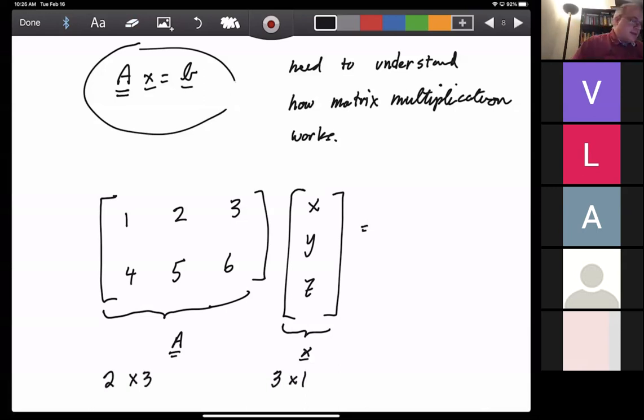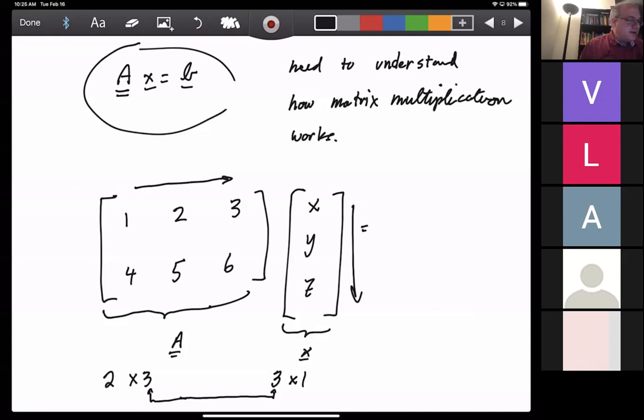So matrix times vector multiplication is a special case of matrix times matrix multiplication. And the way this works is you always go along the rows of the first matrix, down the columns of the second matrix. You can check whether the product of two matrices is actually defined by thinking about the dimensions of your matrices and making sure that these inner numbers agree with each other.